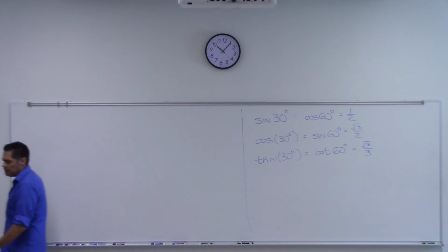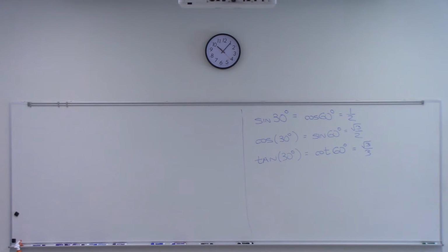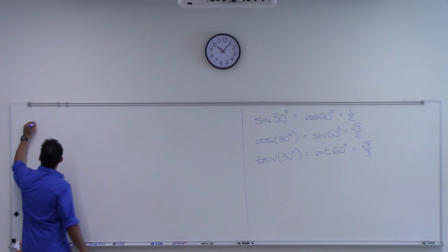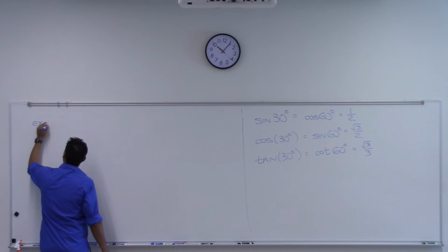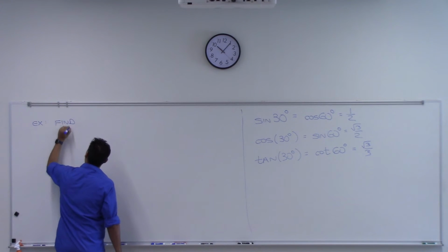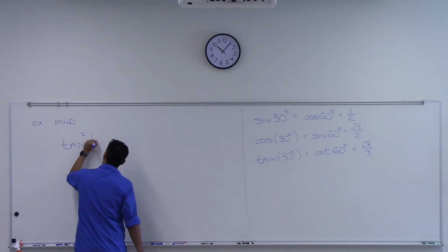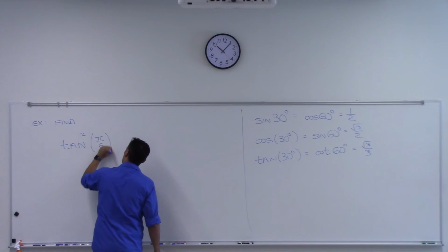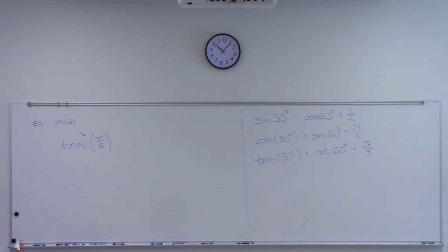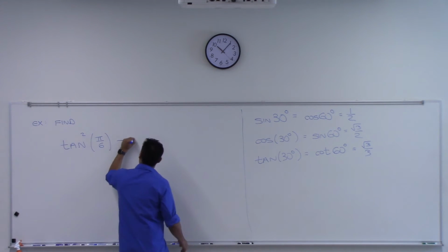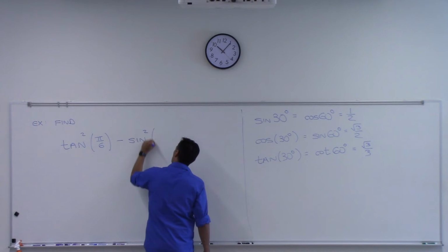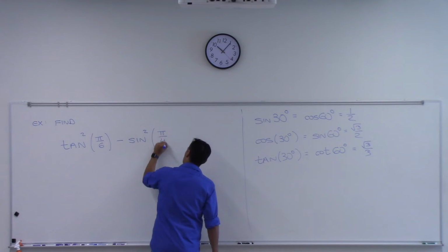I would like for you to find what tangent squared of pi over 6 minus sine squared of pi over 4 is.